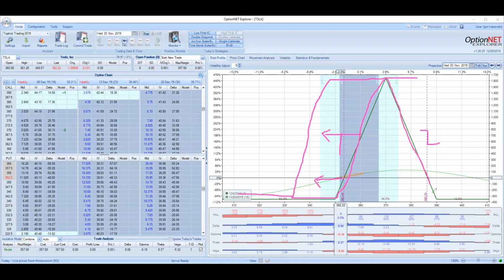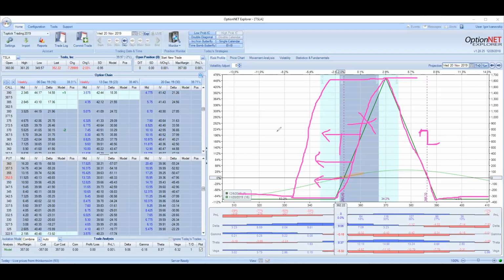And this is what my condor would look like. It's going to be a skinny condor, but it's going to be a condor nonetheless, right? So I have the original credit spread here. I'm closing out the original put debit spread, and I'm opening a new debit spread.